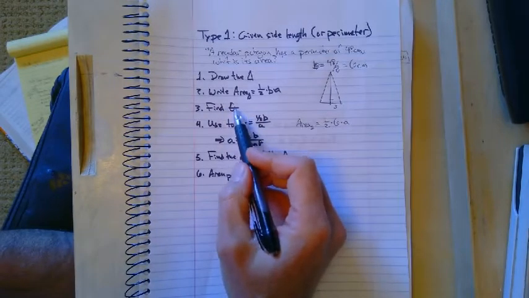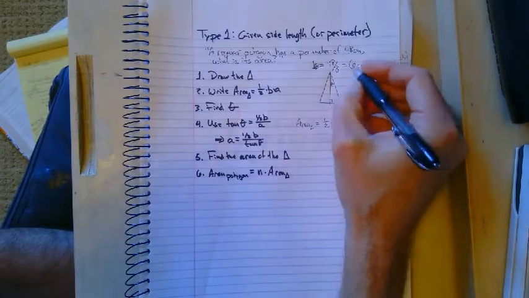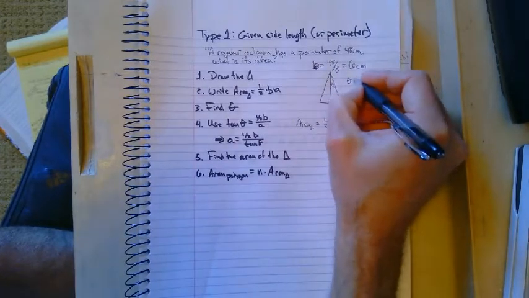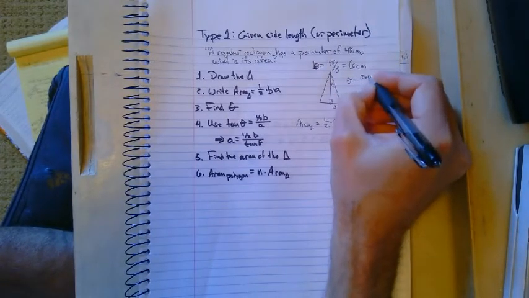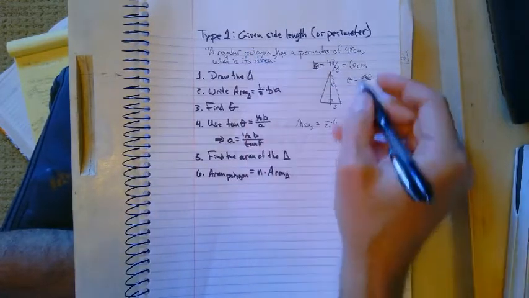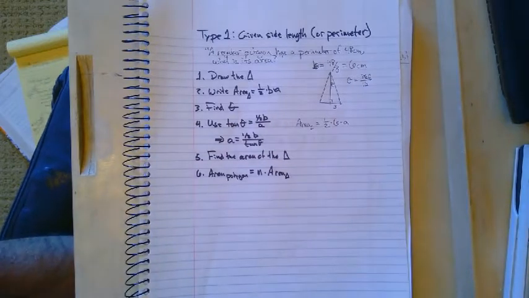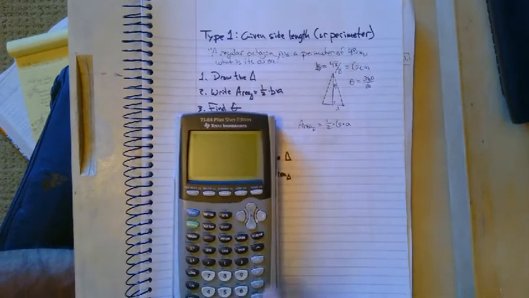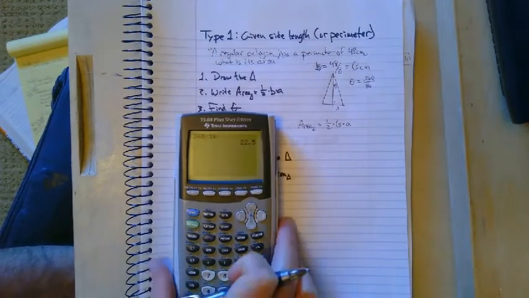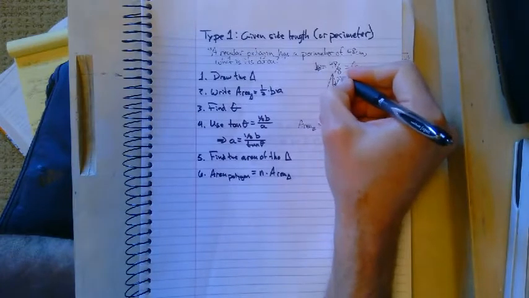The angle, remember my theta up here, is going to be 360 divided by 2 times the number of sides. So 2 times 8 is 16, and 360 divided by 16 gives me 22.5 degrees on that angle.